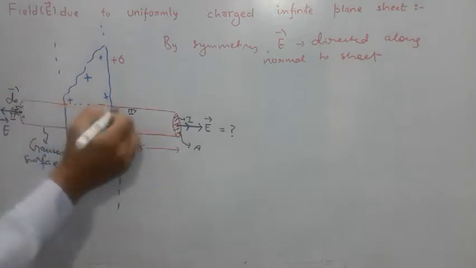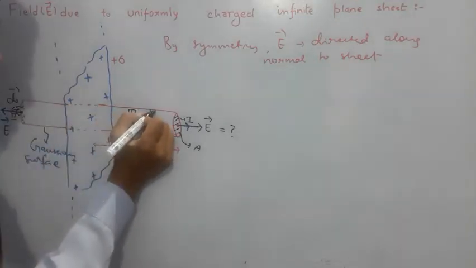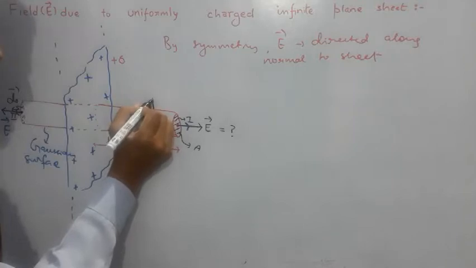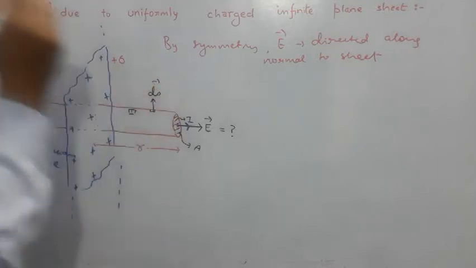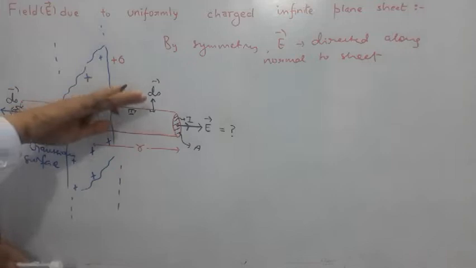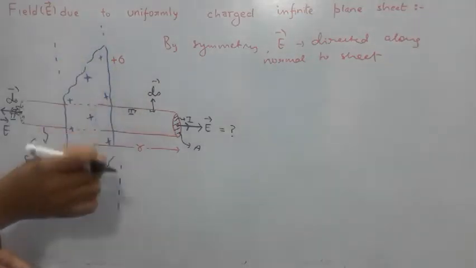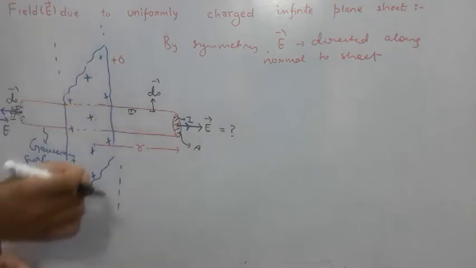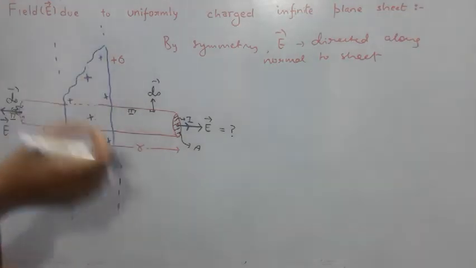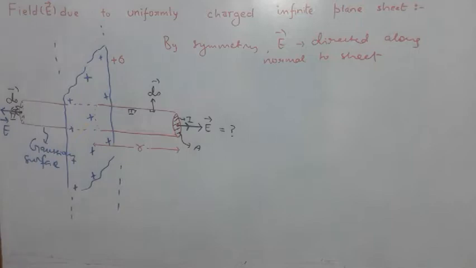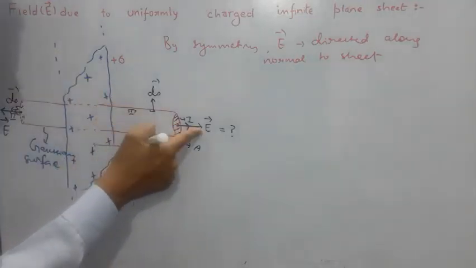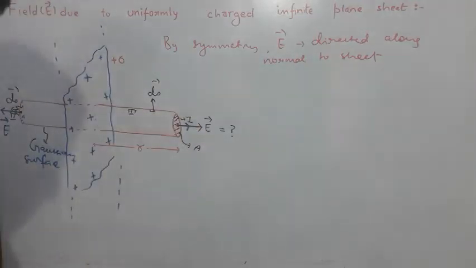For the third face, if you choose an area element, the area element will be directed like so. Remember, this is a curved surface. If you choose any small region on it, the area vector will be directed along the radius of the cylinder. That area vector will be perpendicular to the direction of electric field.